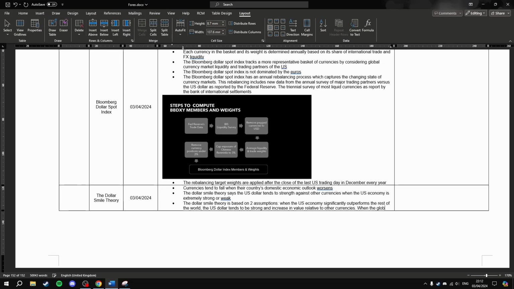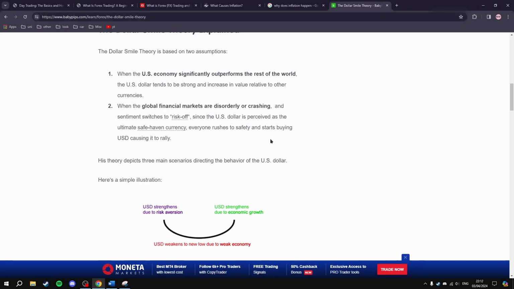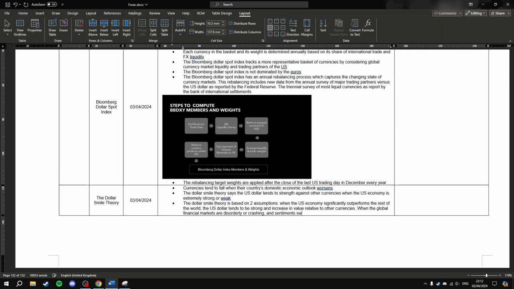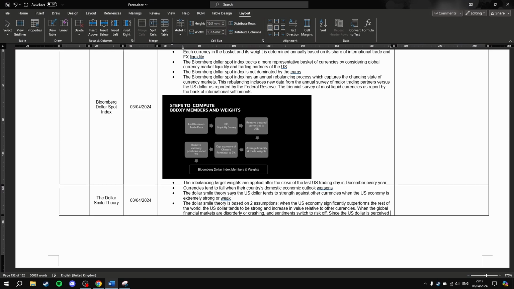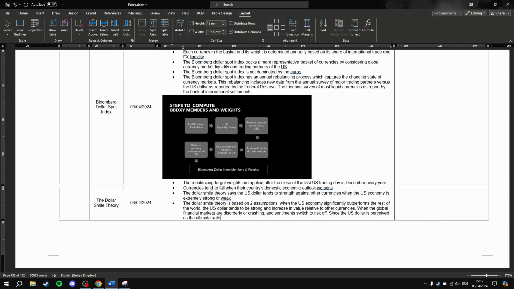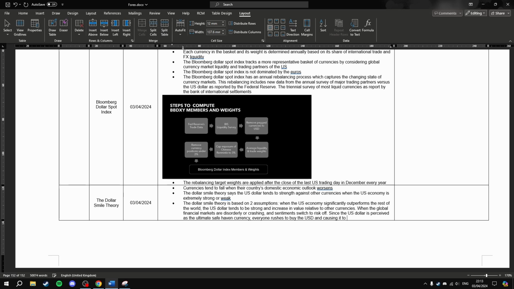When the global financial markets are disorderly or crashing and sentiment switches to risk off, since the US dollar is perceived as the ultimate safe haven currency, everyone rushes to buy the USD, causing it to rally.